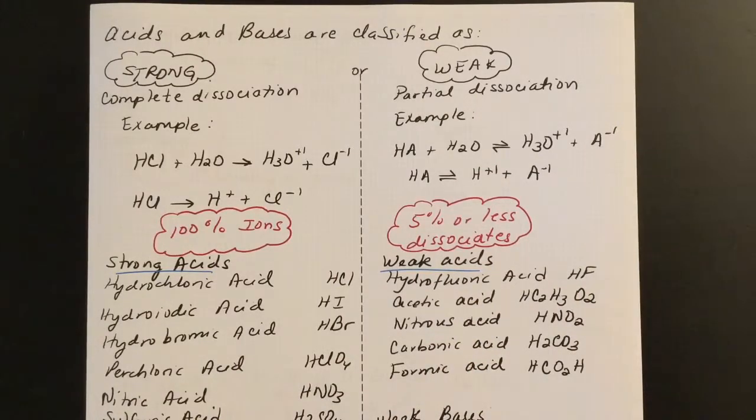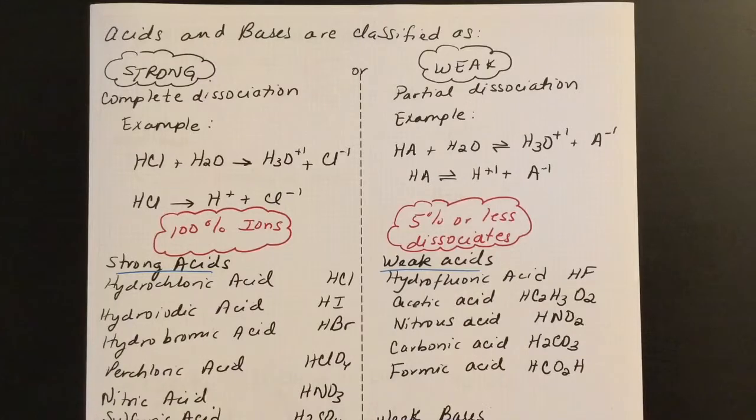That partial dissociation means that in solution what you have mostly is your molecule of the acid without dissociating. Usually, 5% or less of your molecules are going to be dissociated, giving you the actual ions in solution.